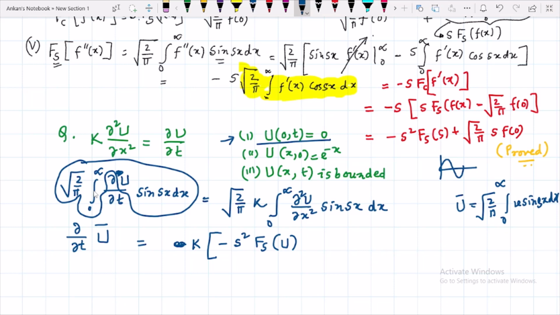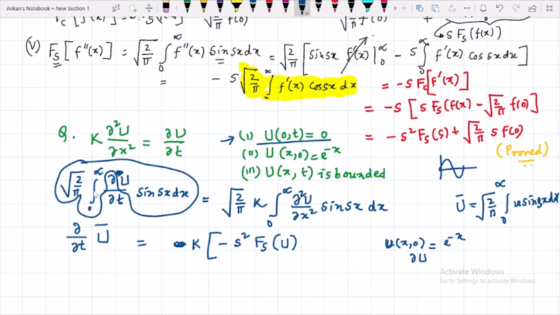Now it is given to you that u(x,0) is e to the power minus x. So is it capital or small? I think it is small. Okay, you can also take the capital one, no matter.